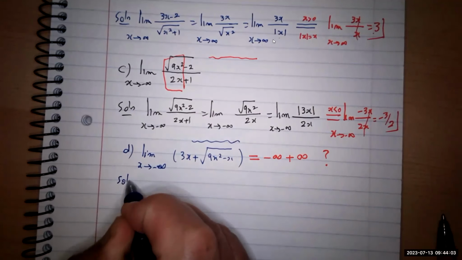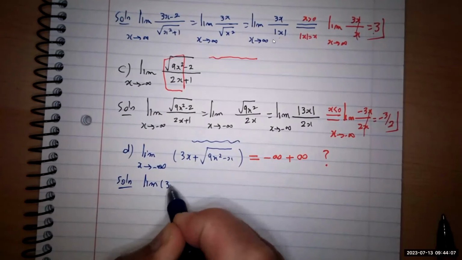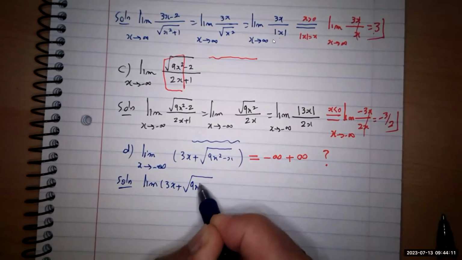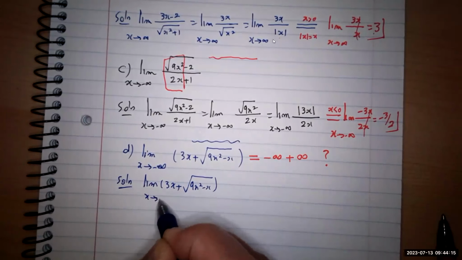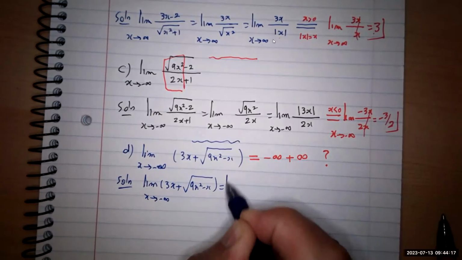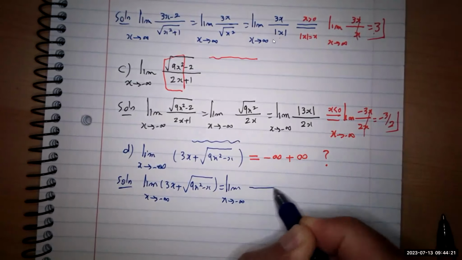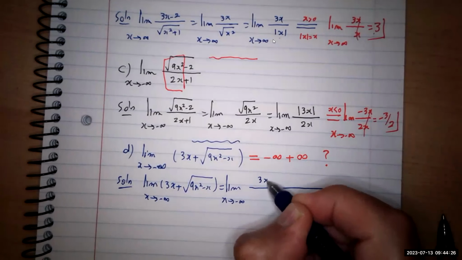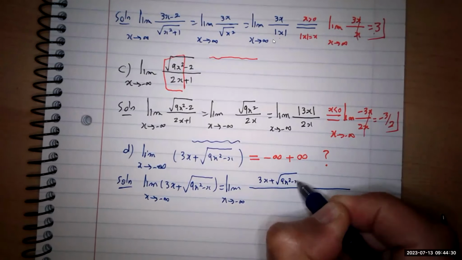So the solution, you start with the given one, 3x plus the square root of 9x squared minus x. This is the given. So you rewrite it: limit as x goes to negative infinity, get a fraction bar. You start with the given one, 3x plus radical 9x squared minus x.